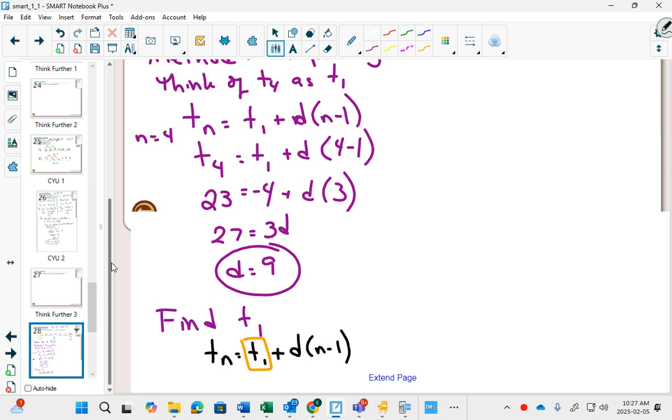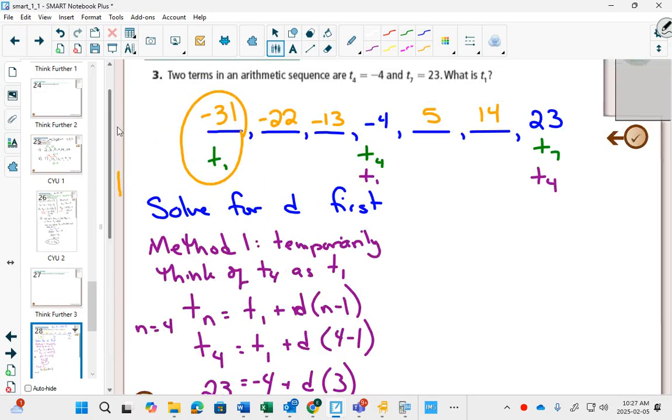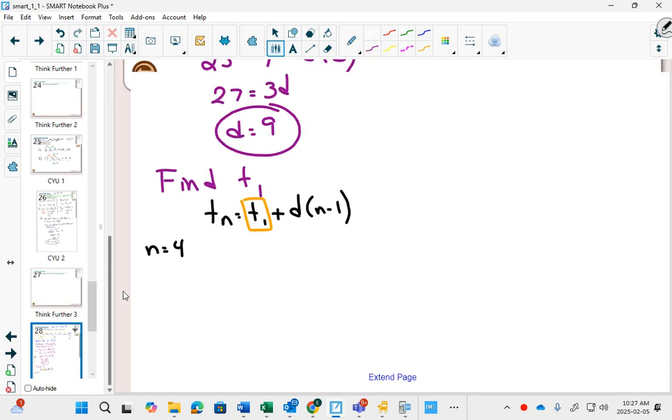You could either use n as 7 or n as 4, because that was given to us in the question. So I'm going to use n as 4. What was term 4? Term 4 was minus 4. So I have minus 4 equals term 1, which is what I want to find. I figured out my D was 9, and if I used n as 4, this will be 4 minus 1.